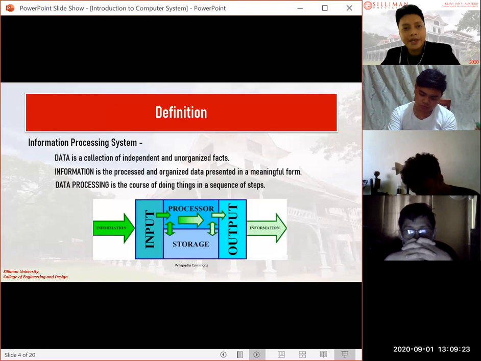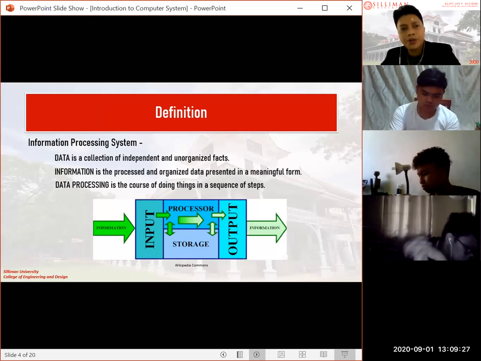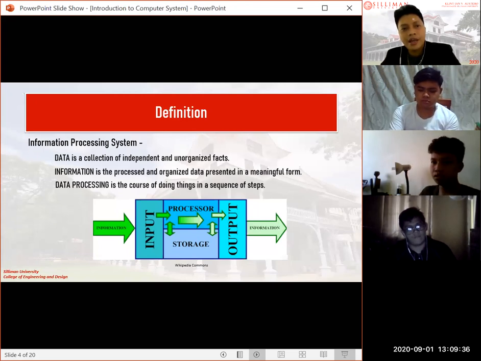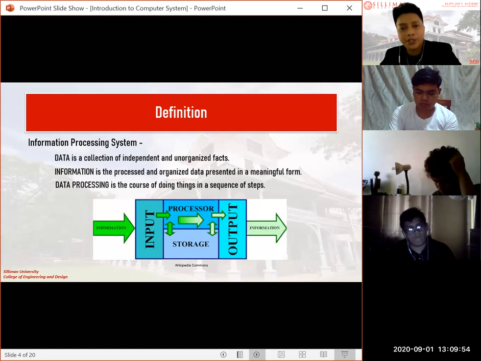Next is the information processing system. A computer undergoes this IPS system. It means information processing system, in which data is collected and it is unorganized. For example, in the input part, data is collected, then it is processed, then it is stored, either processed or stored, then eventually it is an output and becomes information.